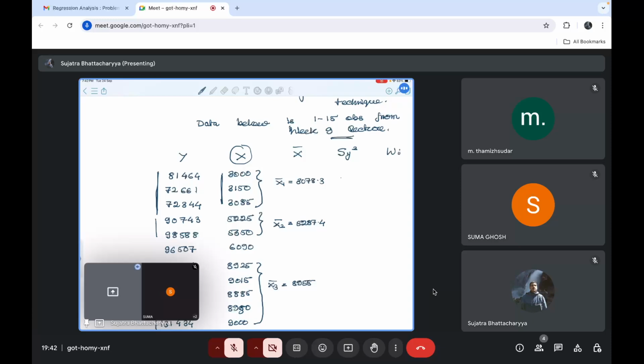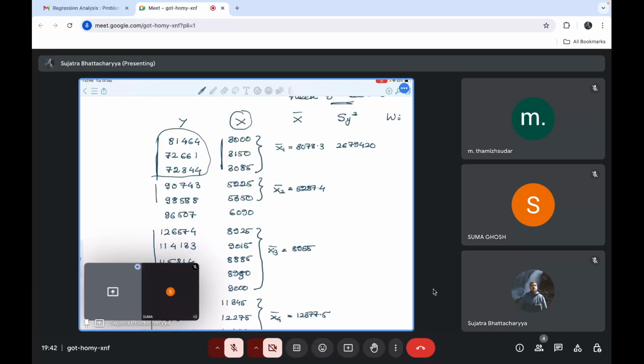Okay, sy square. It is the sample variance of these three observations. So that comes out to be 2679420. Next, based on these two, you calculate the sample variance, 30722010. How to calculate sample variance? You know this.